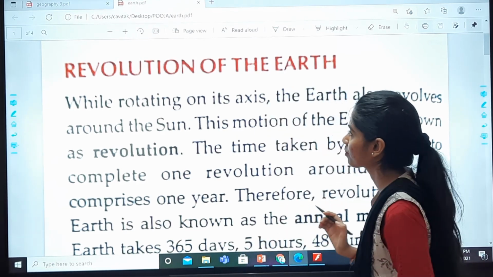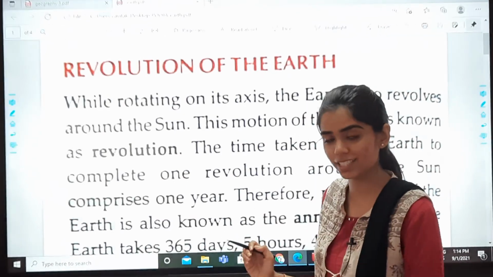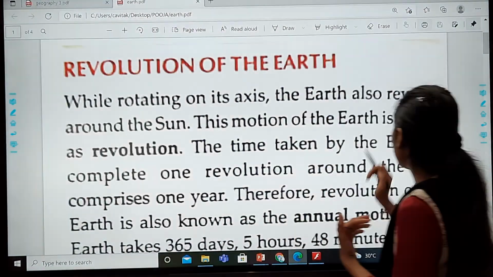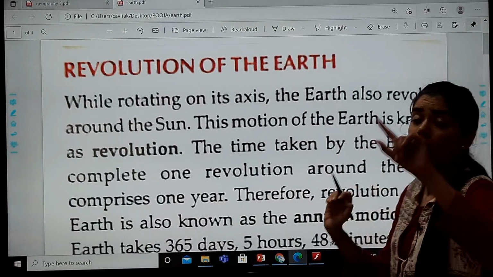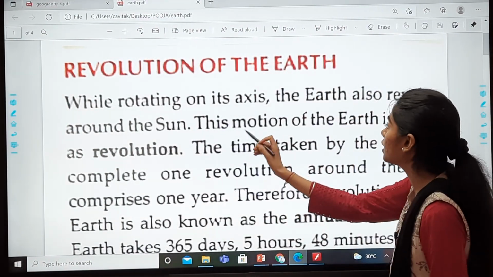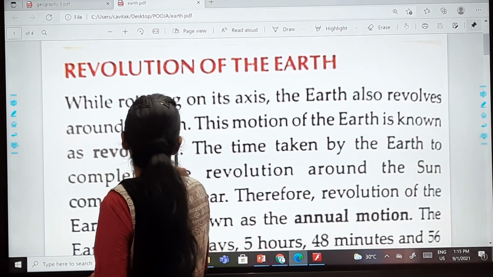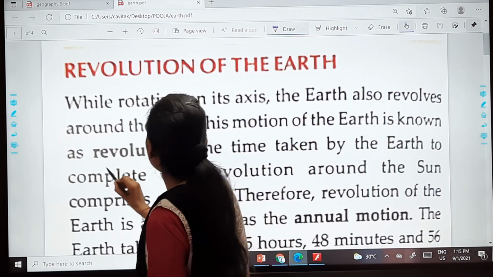Let's start. While rotating on its axis, the earth also revolves around the sun. So, this motion of the earth is known as revolution. Please underline it.